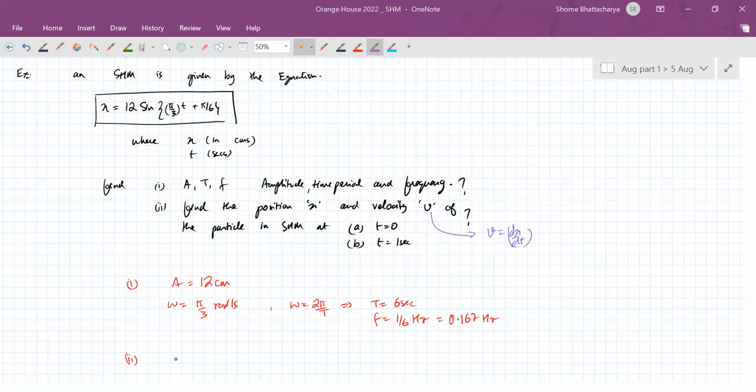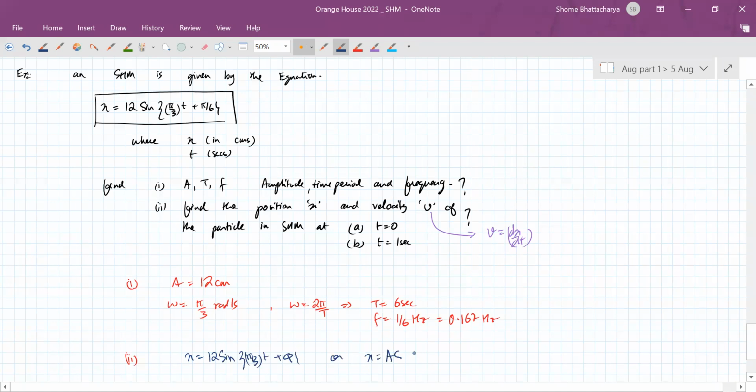Okay, so let's look at this. So x is equal to 12 sine pi by 3t plus pi by 6. Or in general, what we can say is x is A sine omega t plus phi.